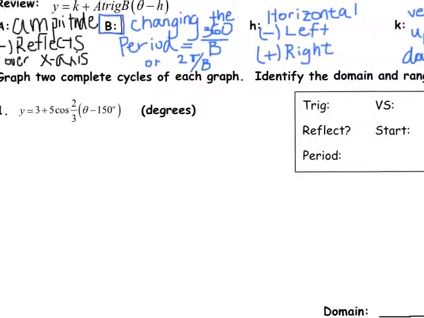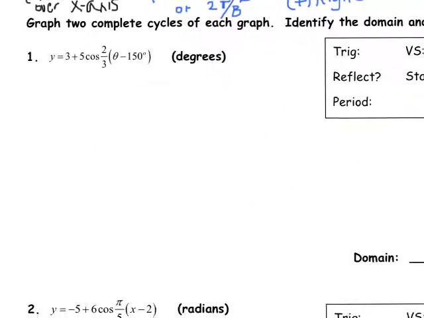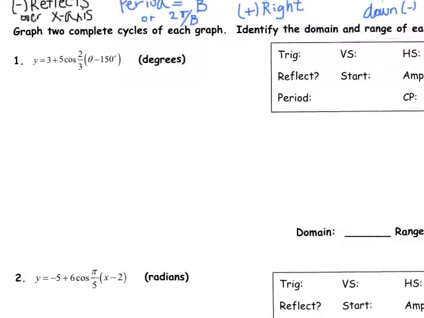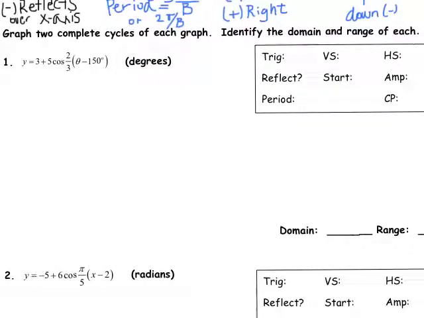Alright, so let's do our first example here. So we have y equals 3 plus 5 cosine 2 over 3 theta minus 50, and this is in degrees, which generally when you see theta it is in degrees, but we'll always put this right here for you too. Alright, so our trig here, I see a cosine, so our trig is cosine.